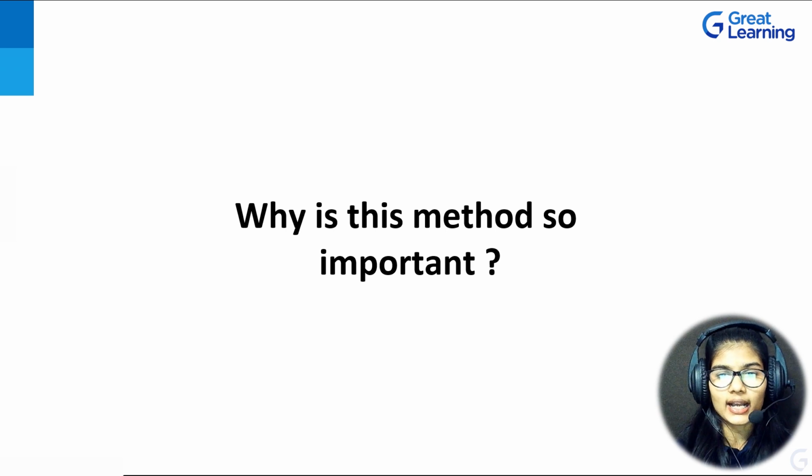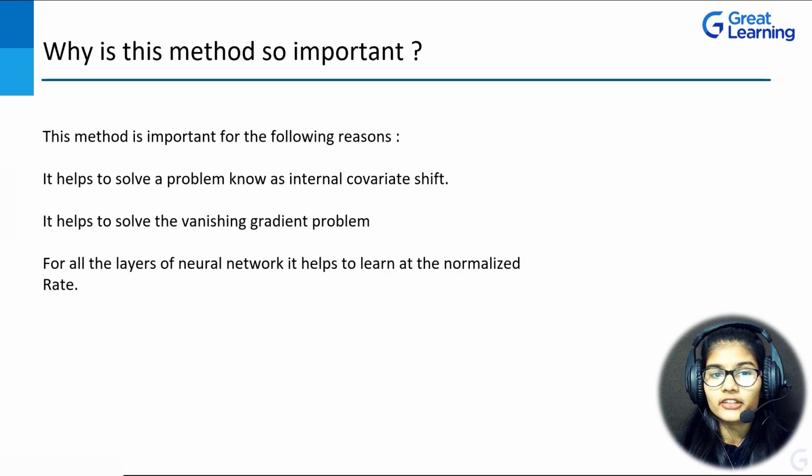Then we learned why this method is so important that we are learning it here. The very first reason is that it helps to solve a problem known as internal covariate shift. Secondly, the problem of the vanishing gradient can also be solved by batch normalization.